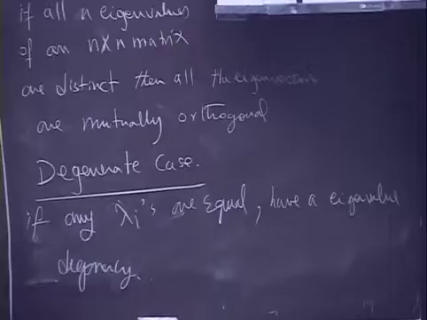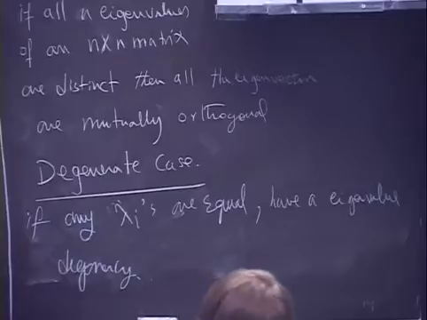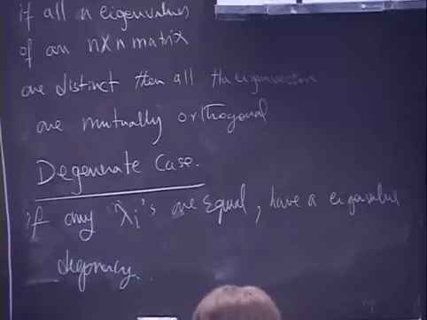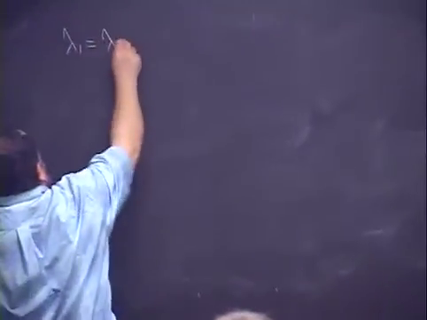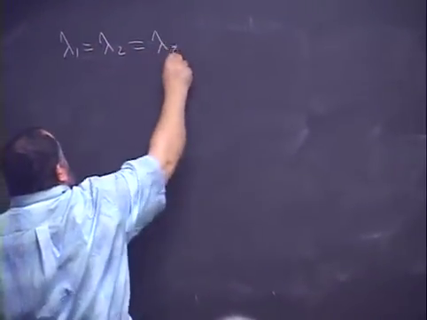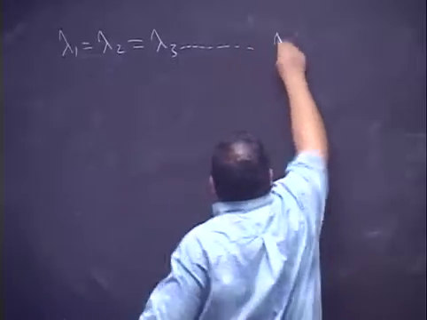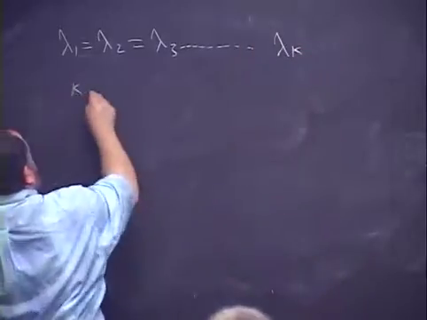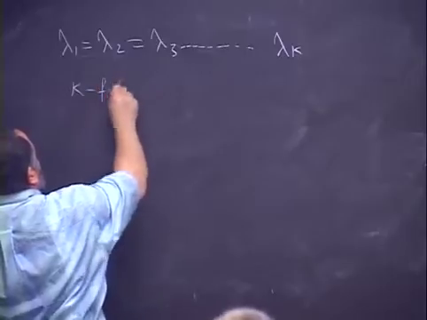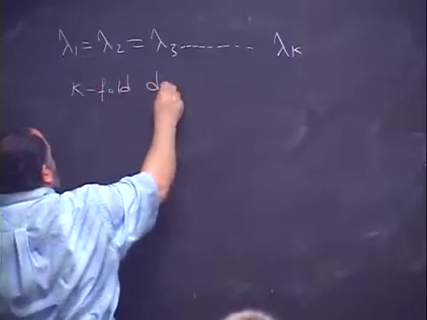Let's assume that we have n eigenvalues in total if the matrix is n by n. So let's assume that we have lambda 1 equal to lambda 2 equal to lambda 3 up to lambda k. So k of those, we call this k-fold degeneracy.